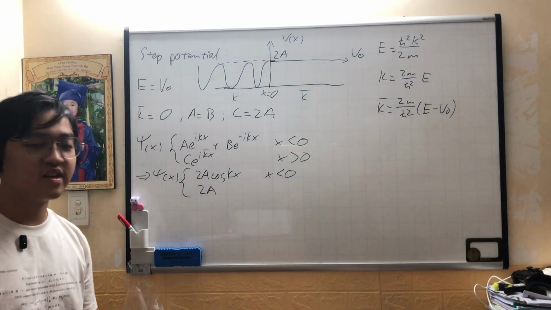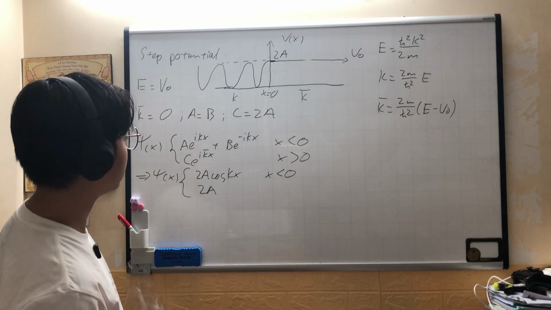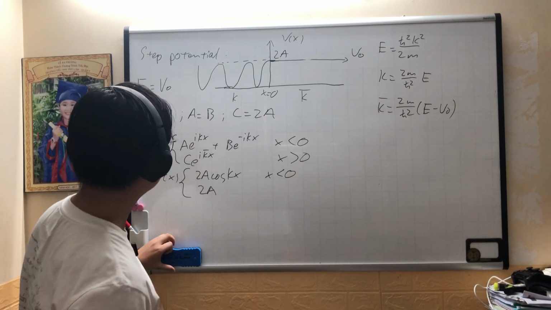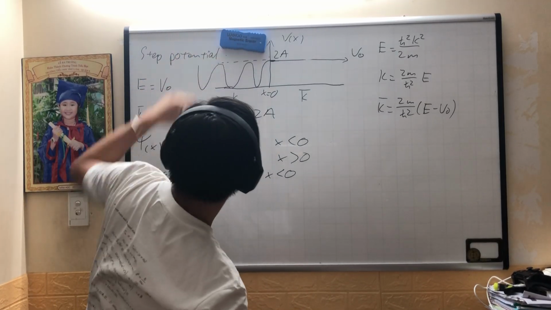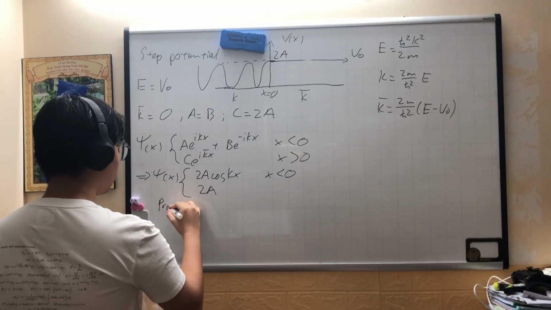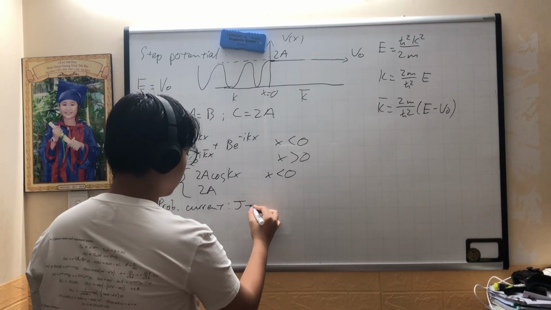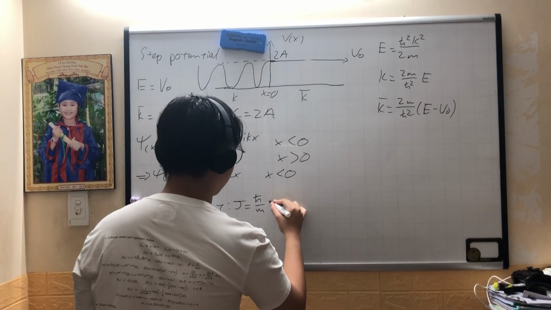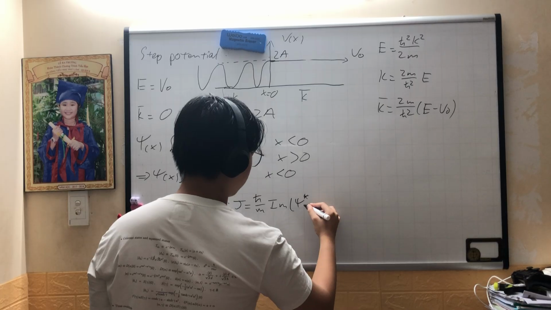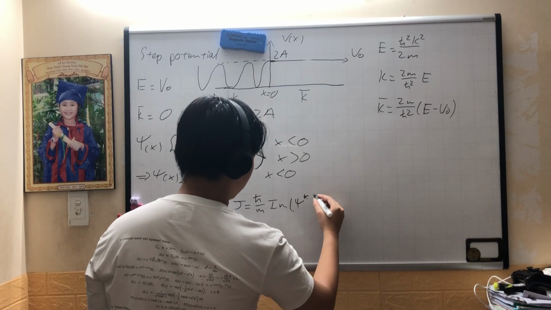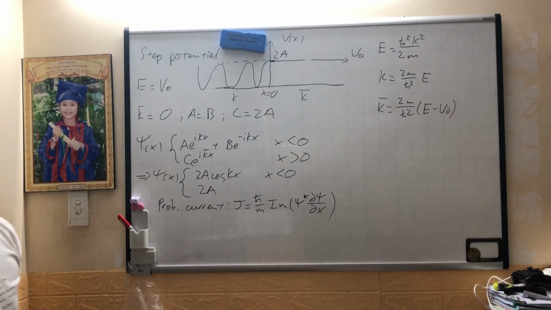Now we're going to take a look at the probability current of the system. Everything is important here. Quick reminder, your probability current J is equal to h bar over m times the imaginary part of the complex conjugate of psi times the derivative of psi.